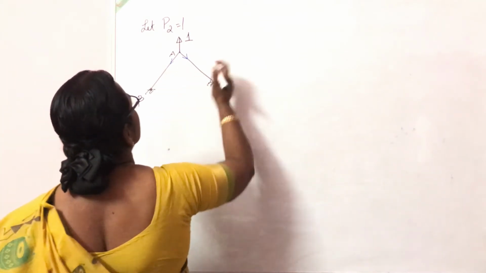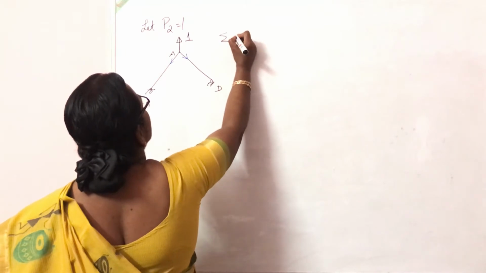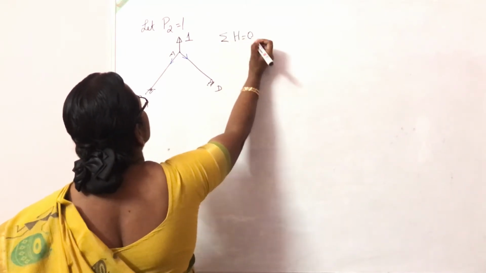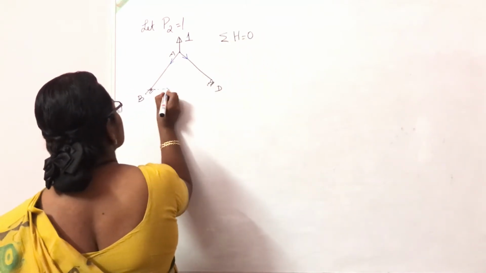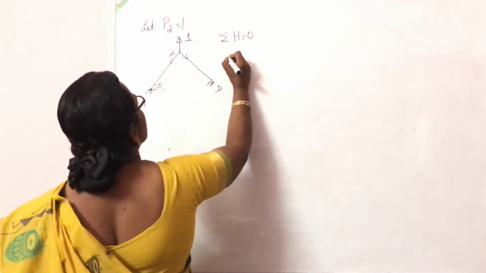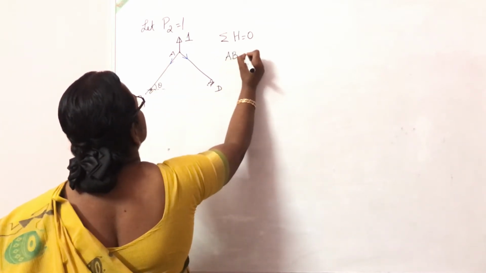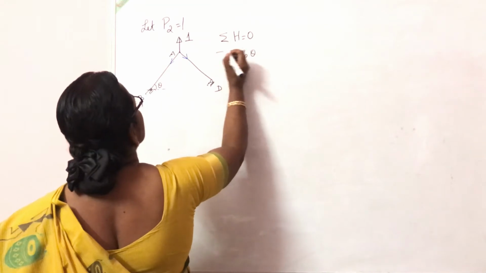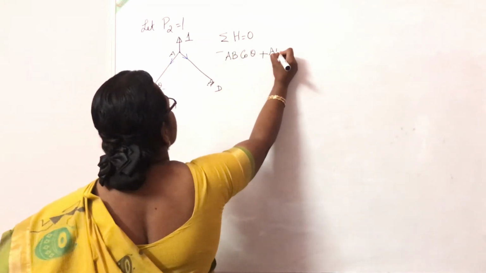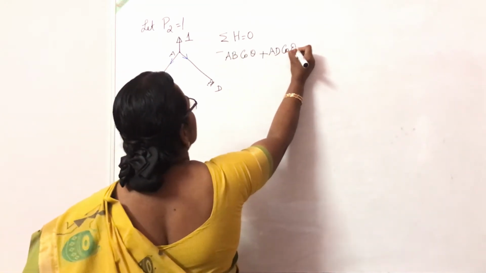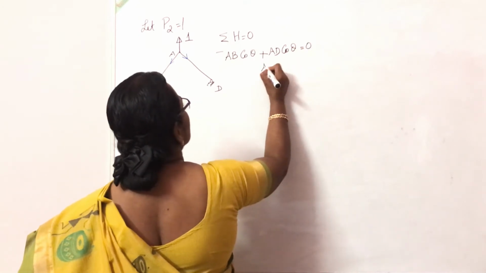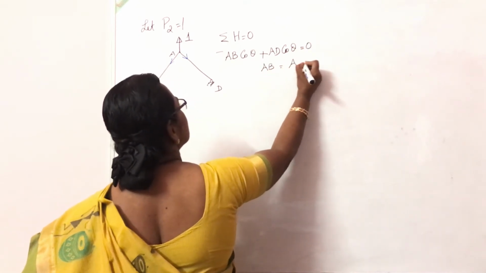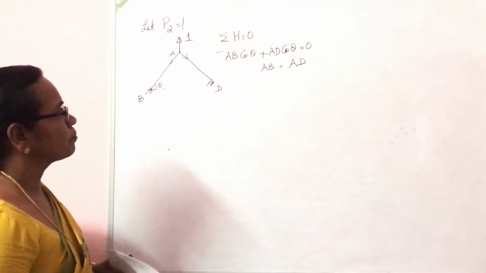First of all, we will apply sigma H is equal to 0. So that I can get, this is theta, minus AB cos theta plus AD cos theta is equal to 0, or AB is equal to AD.